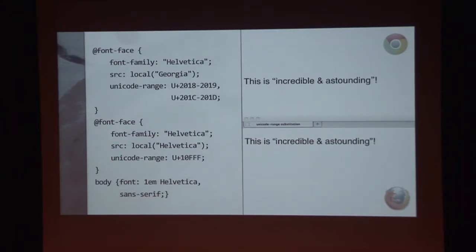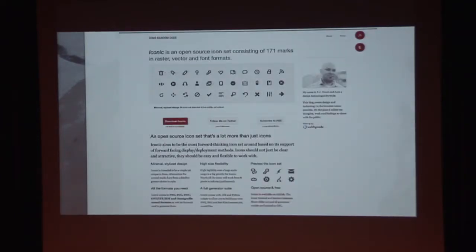Now, Unicode Range is really useful, well, it's even more useful, if you ask me, for things like symbol fonts. This is Iconic, which I particularly like. And the reason for that is that Iconic, unlike most symbol fonts, was designed around the actual Unicode code points that apply.